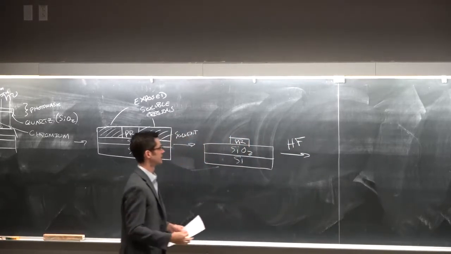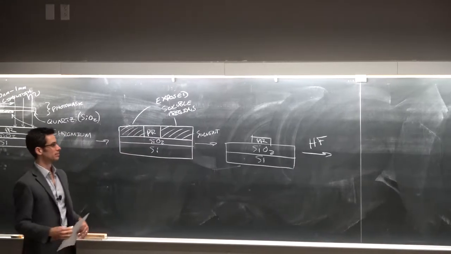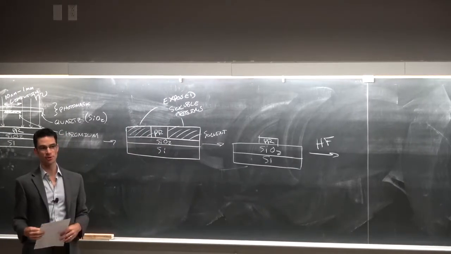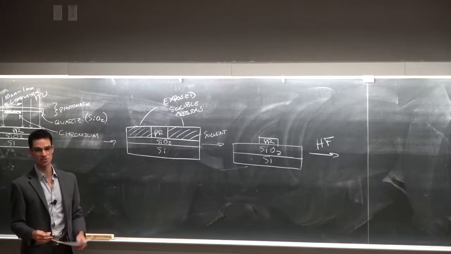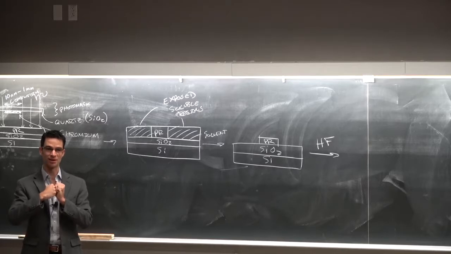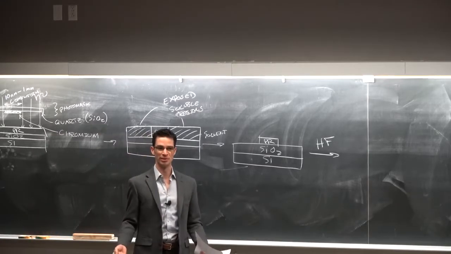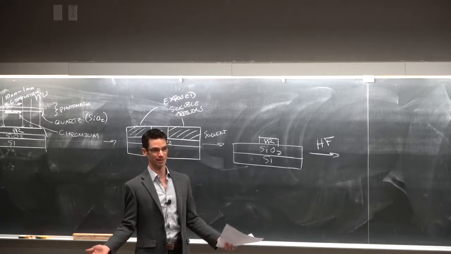Then you etch the silicon dioxide with a fluoride source. The reason this works is because fluorine and silicon form the strongest chemical bond, strongest single chemical bond in all of nature, followed by tin bromine. Who'd have thought? But it's true.